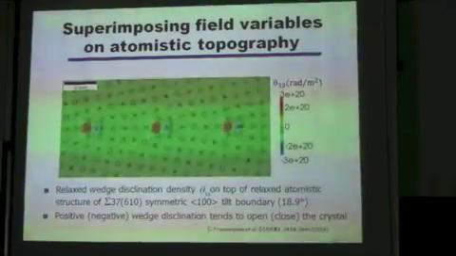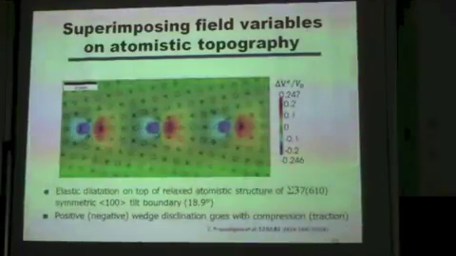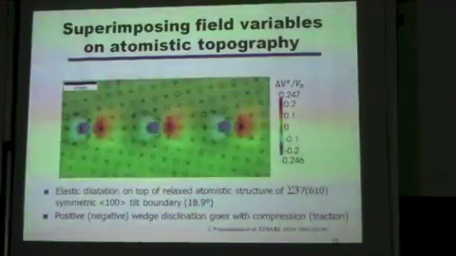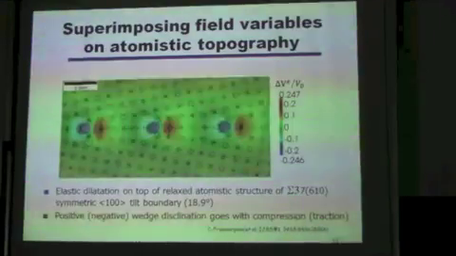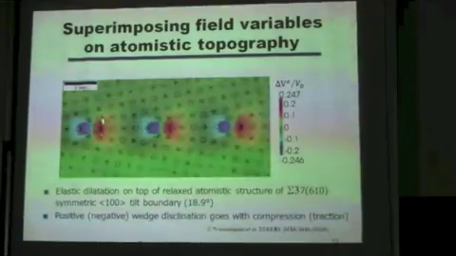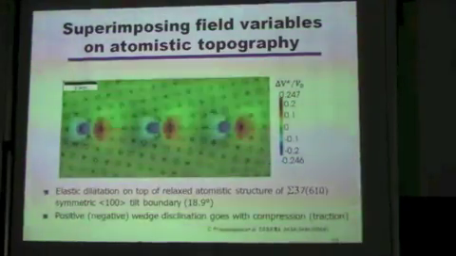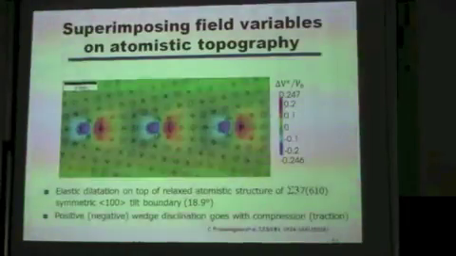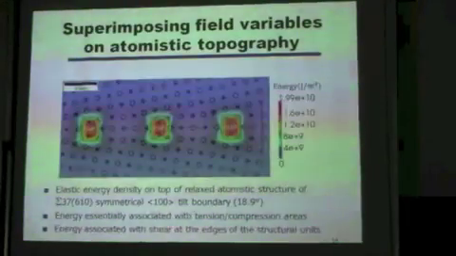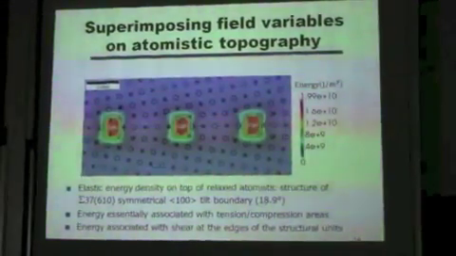Okay, so this is the dilatation that we find from the continuous theory. This is just the trace of the elastic strain tensor. You can see that you have compression here and traction here, just as I mentioned, due to the building process. And this is the energy that you already saw on one of my first slides.